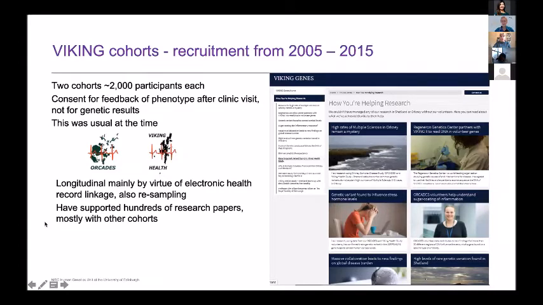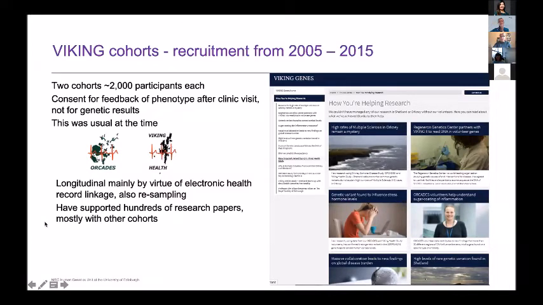So these 2 cohorts have supported hundreds of research papers, and the majority of those are in collaboration with other cohorts, particularly in so-called GWAS consortia, genome-wide association studies, although some papers have focused on the cohorts individually.